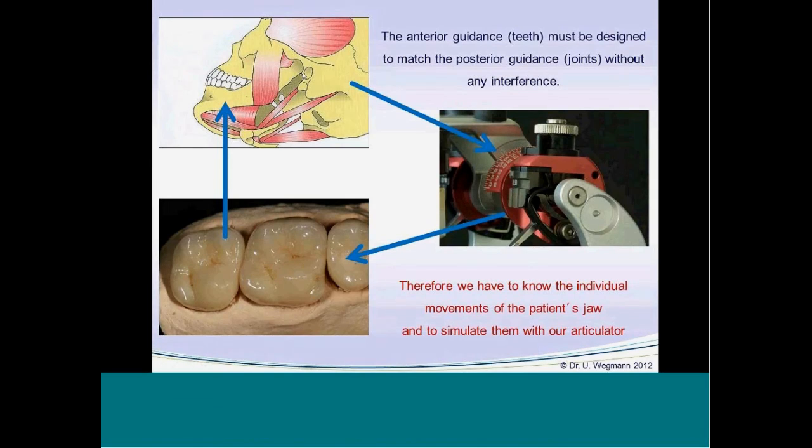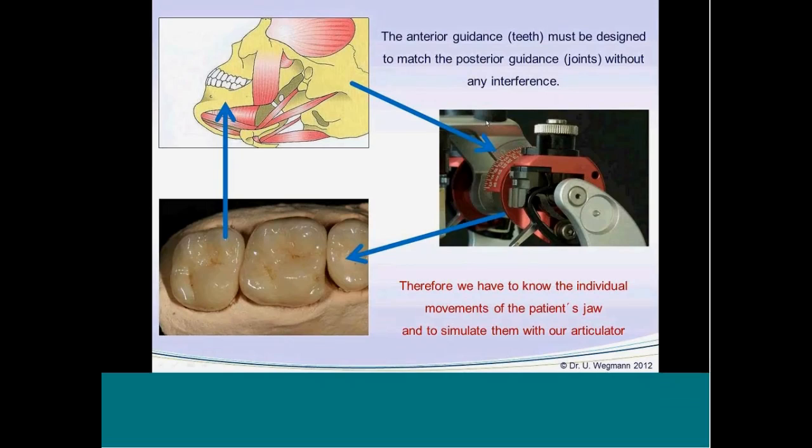And this function must be transferred to some kind of mechanical device so that we can reproduce this function in our lab. Then our technician will be able to design a functionally oriented tooth surface which will match the function of the patient. It sounds very simple, but it's very difficult to do because this function is very complex.